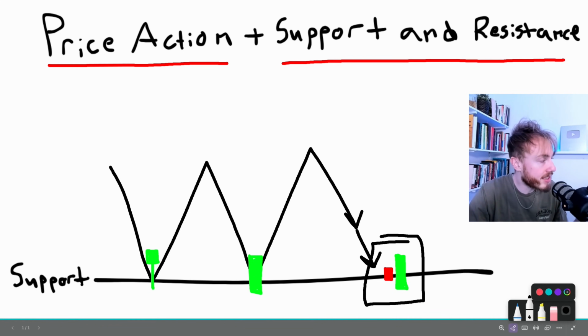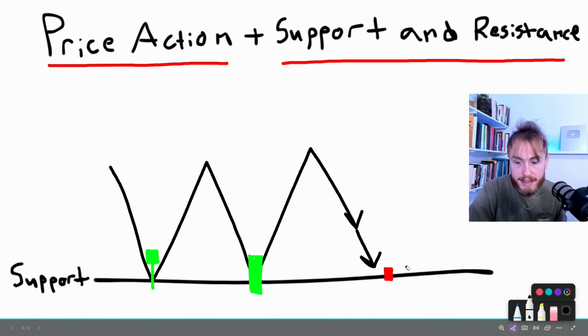But let's imagine a scenario where, when the price comes down here, instead of having a bullish engulfing, we see a doji candle right here. We maybe see two doji candles in a row. After that, we maybe see a green candle that looks something like this.